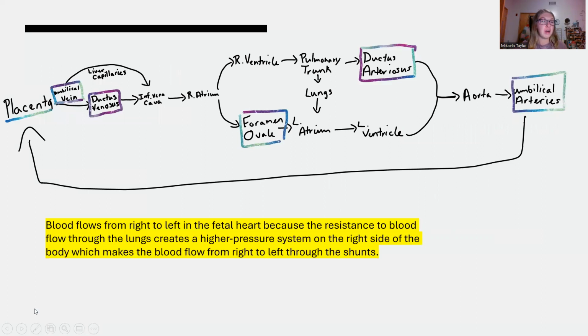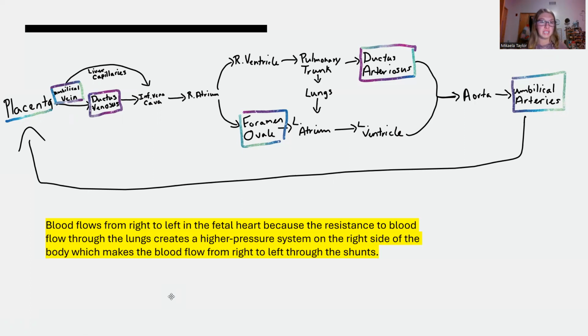This is a diagram of how the fetal circulation works. When there's a fetus inside of the mother, these three structures that I just talked about are what facilitate the bypass of blood through the liver. The fetal liver is not filtering the blood.